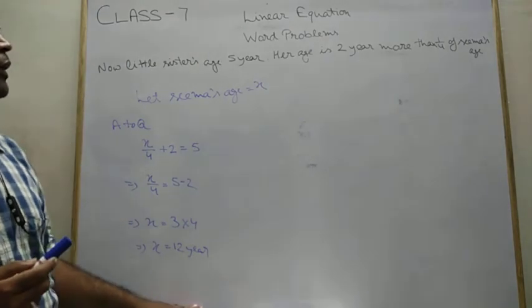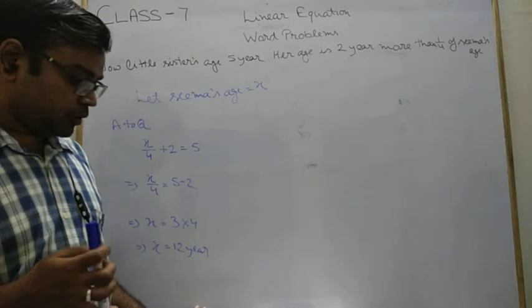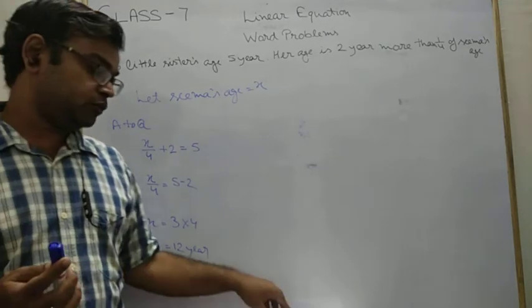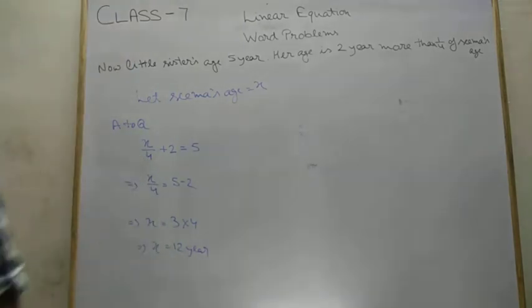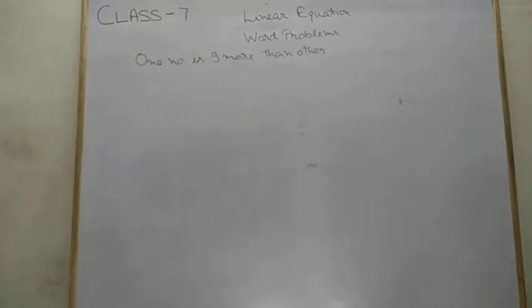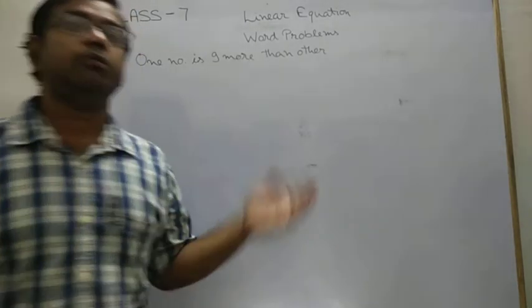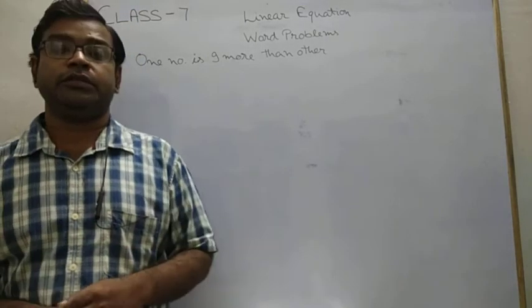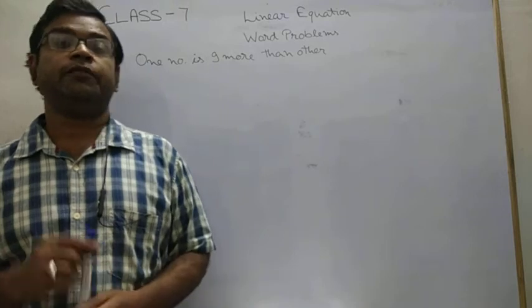So I think you are able to clear the concept. One more question addition today. In this type of question, two terms are given and they are interlinked with each other. Then how do we find out?